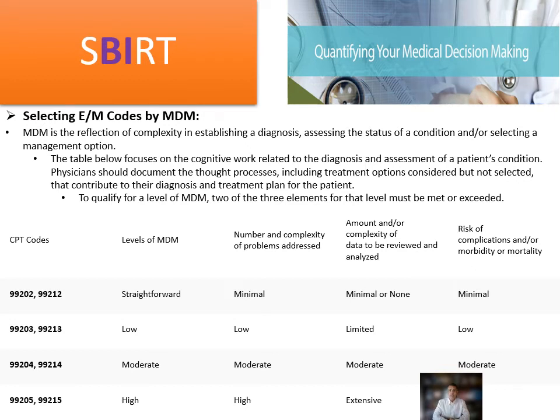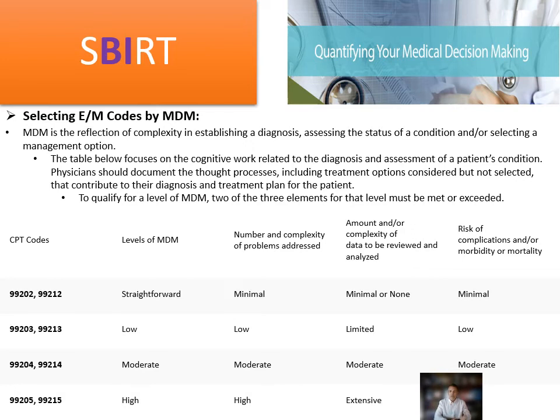So selecting specific evaluation and management codes based on medical decision making and how complex those patient cases might be. So when you're looking at this in broad terms, to qualify for a level of medical decision making or MDM, two of the three elements for that level must be met or exceeded. So this is just an example.